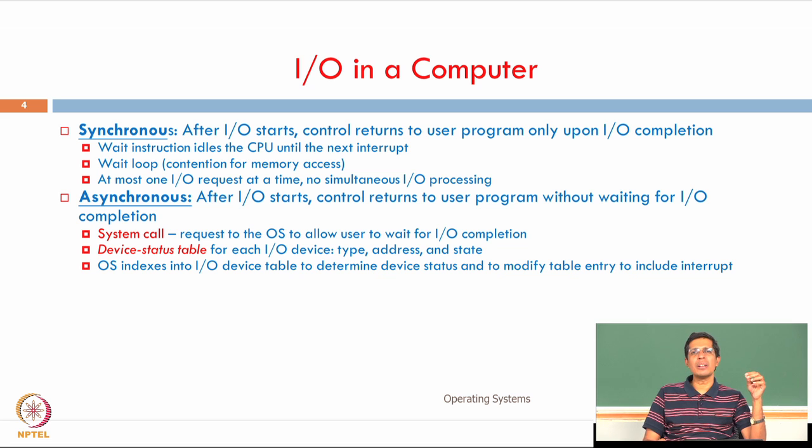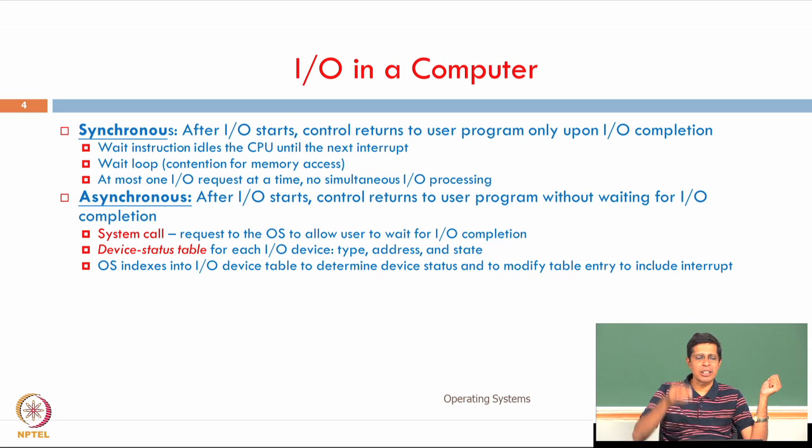Now, a system call is a way by which a process, which is nothing but a program in execution, will request the OS for certain services. And a typical operating system will also maintain something called a device status table, which is maintained for each I/O device and which will contain information or attributes about the device, its type, the addresses to which it is mapped, and state.